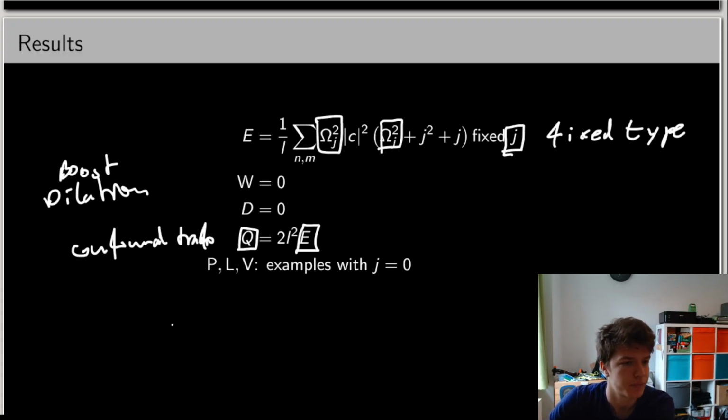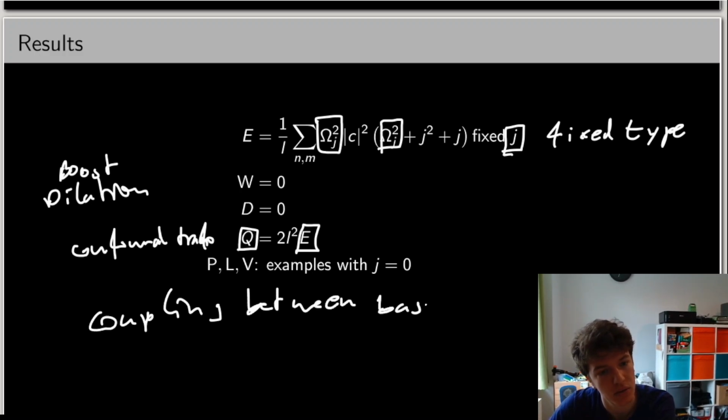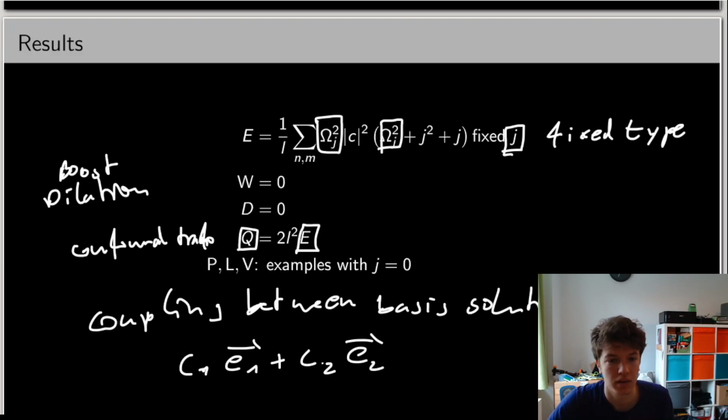And what was also interesting to see was the coupling between basis solutions. So we have, for example, basis E1, E2, and a linear combination, a complex one.